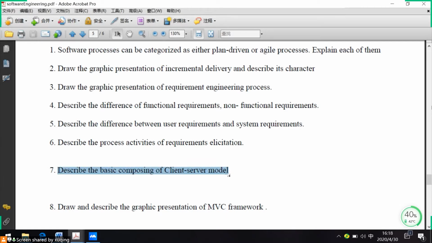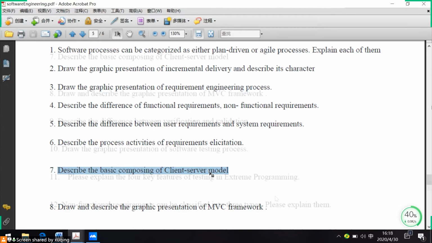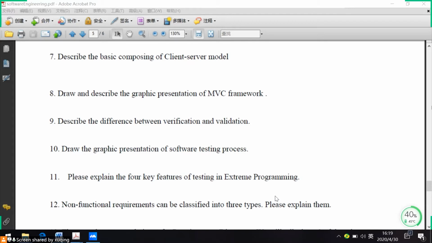Any ideas about this one? The major components of client-server model. In the 6th chapter. You get it?